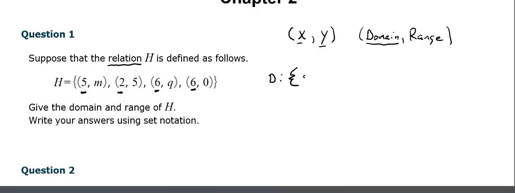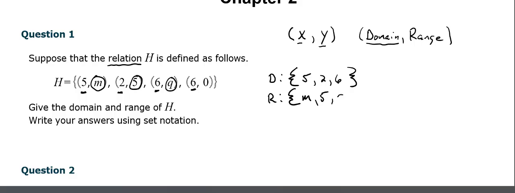So that would be 5, 2, and 6. Remember, we only list them one time. Now the range would be our y values: m, 5, q, and 0.